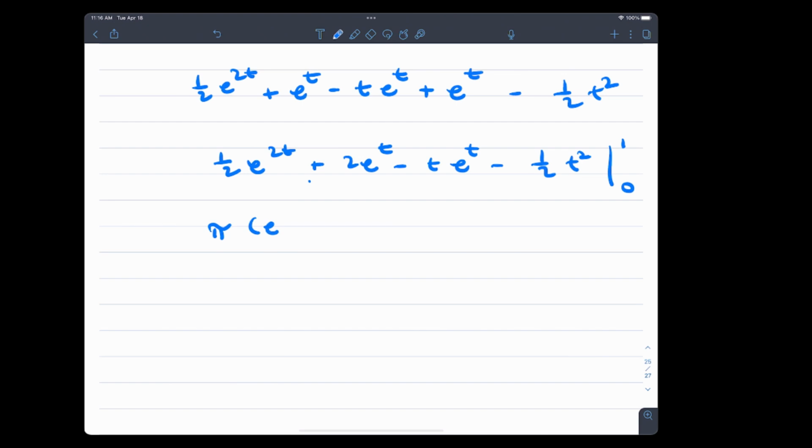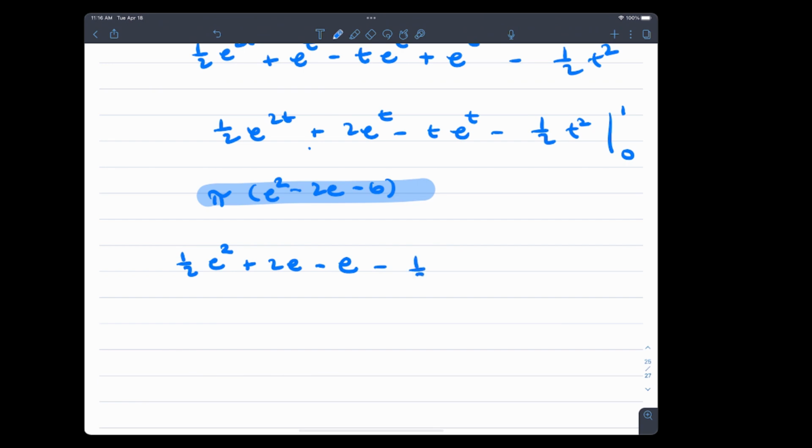I get at the end pi e squared minus, this is 2e minus 6. Here's your final answer. Possibly 1/2 e squared plus 2e, e to the 1, minus an e to the 1, minus 1/2 1 squared, because that t is 1 now.